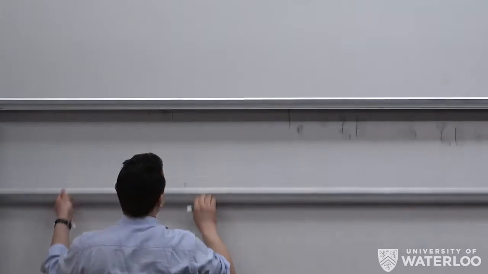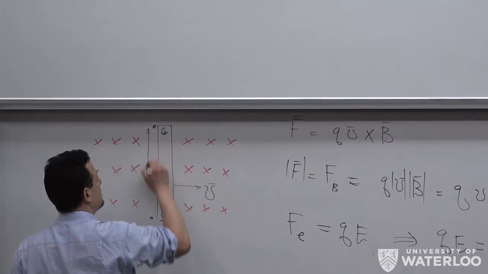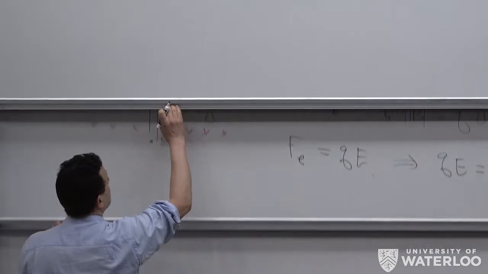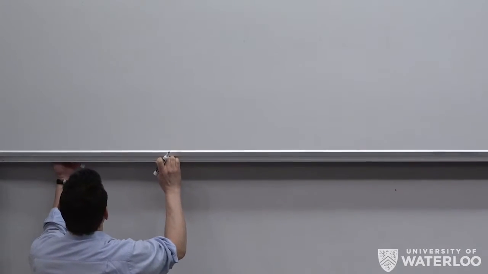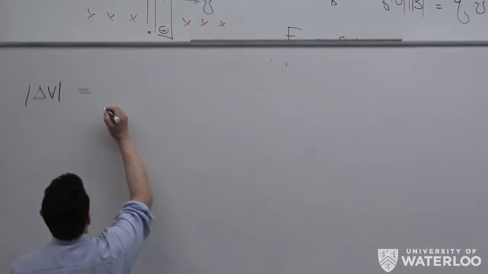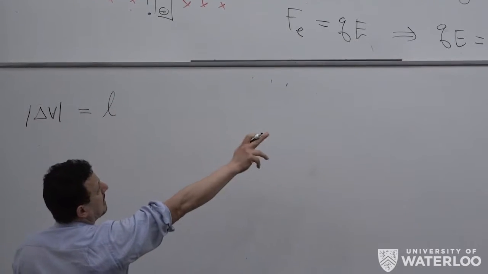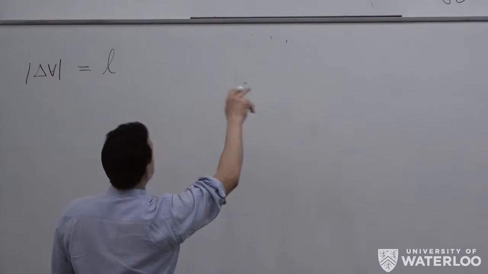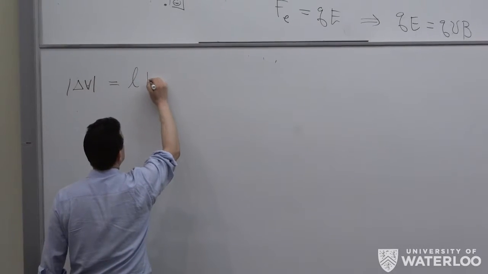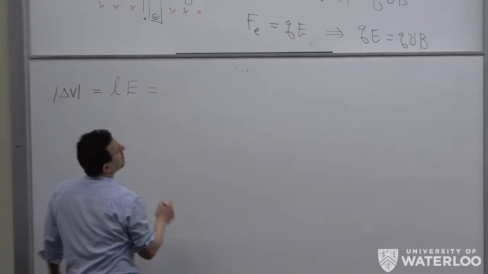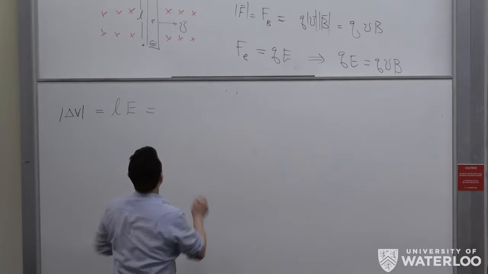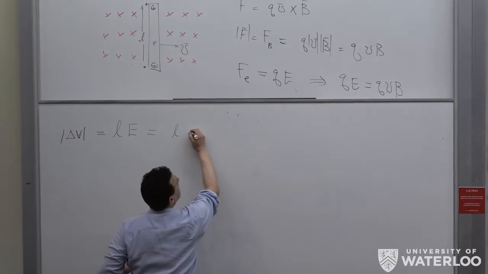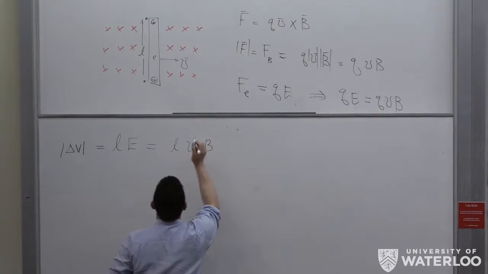Right now I can say that delta V is L multiplied by E, correct? So E is vB. So this will be L vB.